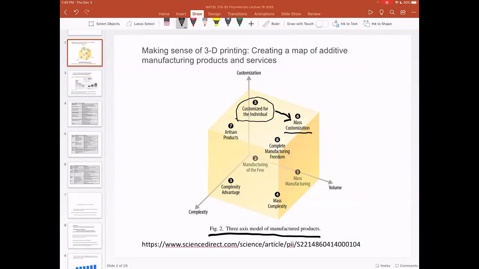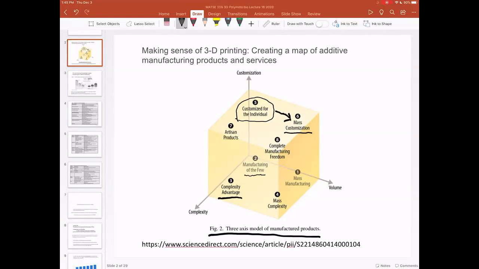And also in biomedical devices, we could be really interested in complexity. How do you make very complex things, including all this customization? And in some cases, you only need a few products.